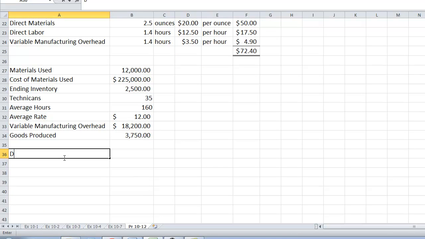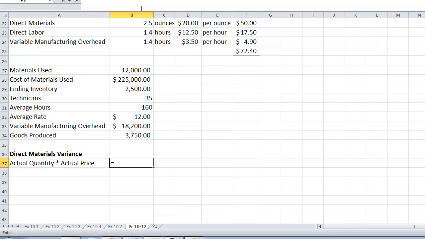So let's start with the direct material variance. The very first thing, we must take actual quantity times actual price, and they told us that we spent $225,000 on materials. Then we must take actual quantity times standard price.